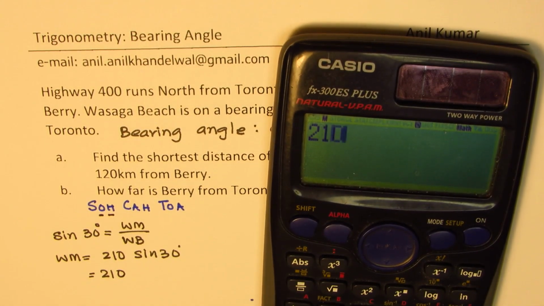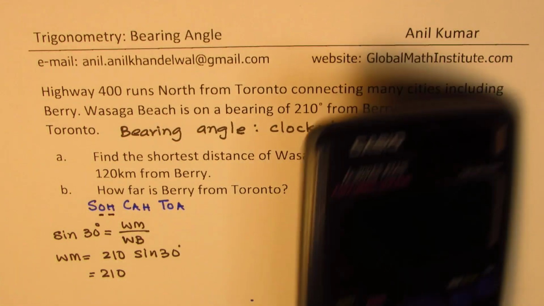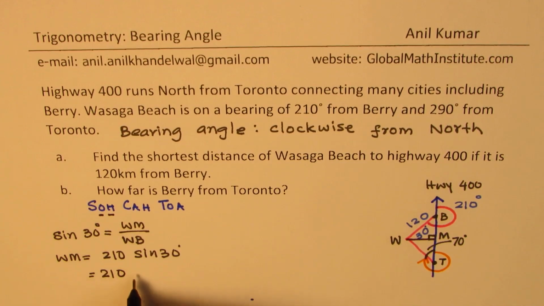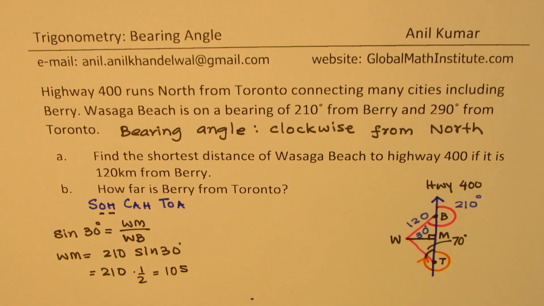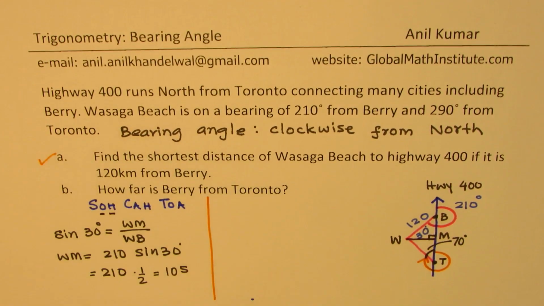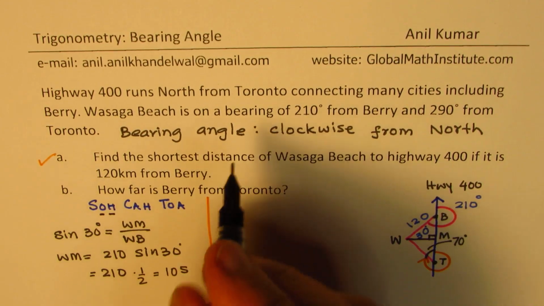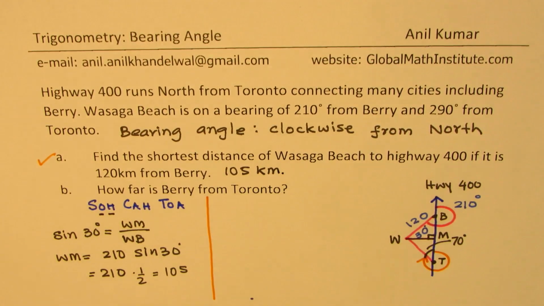If you use a calculator, what you get is 105, which is expected. So we get the shortest distance as 105. So we've done part A, which is 105 kilometers. Is that clear to you?